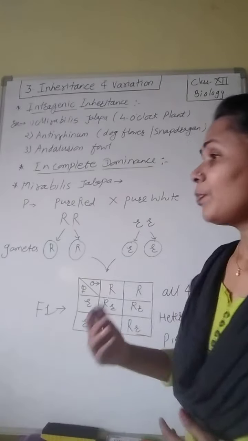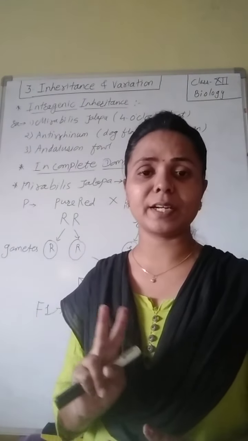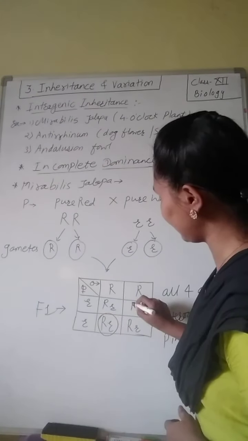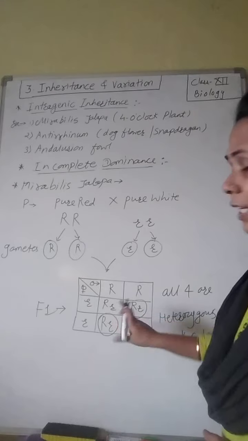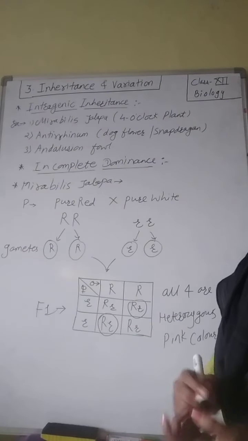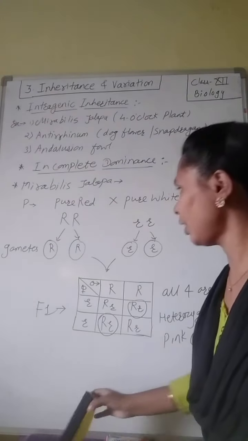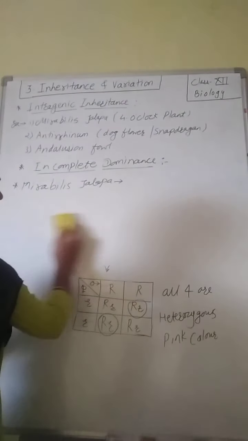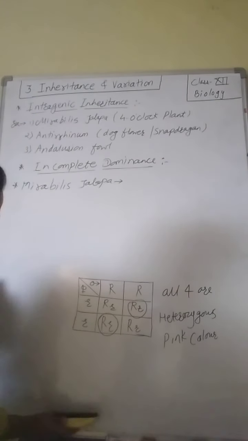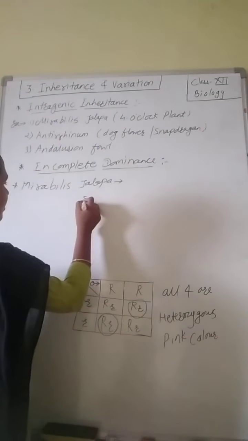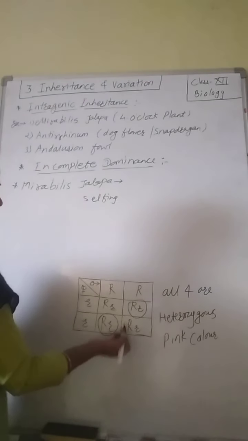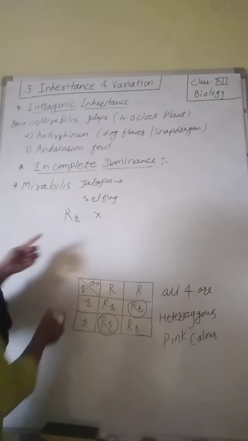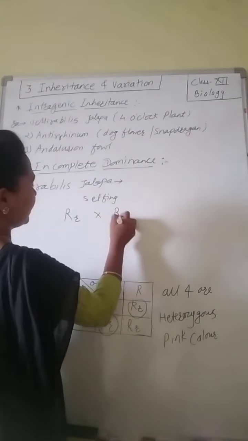Now for the F2 generation we can cross any two parents from F1. We take one parent and another parent and do selfing: capital R small r crossed with capital R small r.